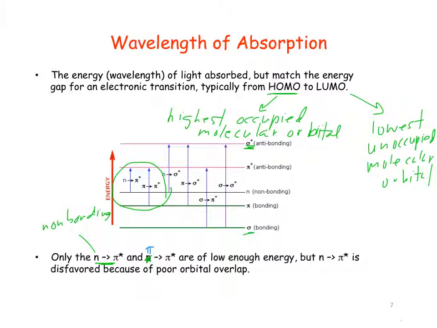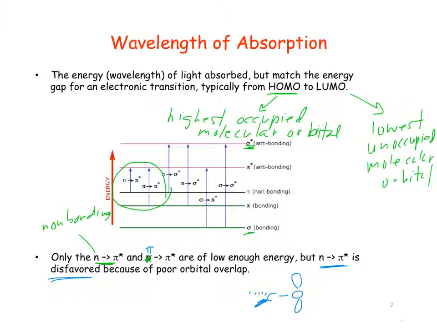However, this n to pi star is kind of disfavored, because if we think about where we have non-bonding electrons, perhaps, say, in a carbon-oxygen double bond, here I'm going to draw this like this. The pi bond, well, we actually want to have the pi star.